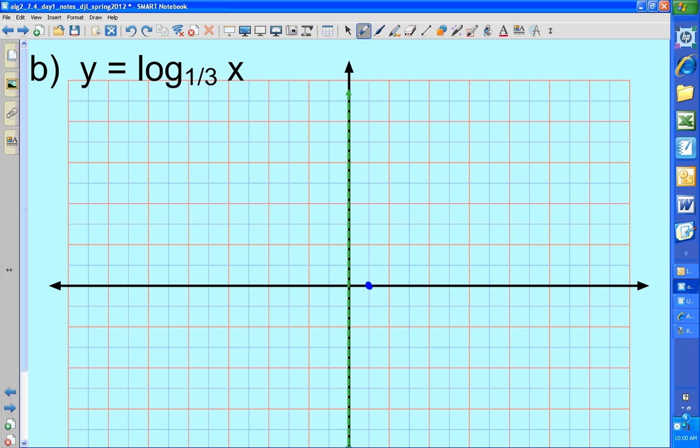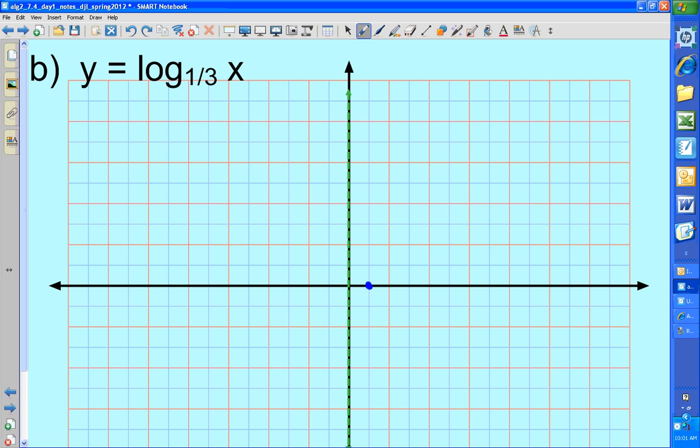Why write 3? What does it tell you to do in your notes, right? I'm having a hard time hearing you. Okay, what's B? Right, 1/3, but which way do we go? Right, 1 over B, right, 1 over 1/3, and then which way do we go from there?